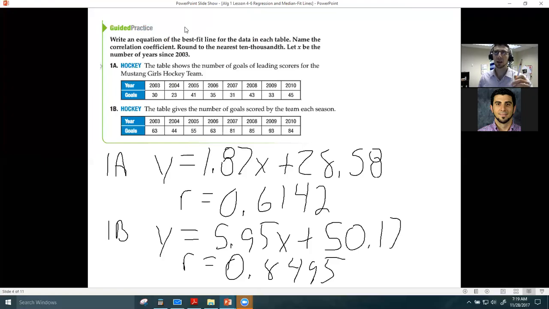So if you started your list 1 as 3, 4, 5, 6, 7, 8, 9, 10, then you probably got different values. But if you go back and adjust it and redo it with L1 representing the years since 2003, because that's what it said there, you got to read it carefully, then you'll probably do a little bit better here.